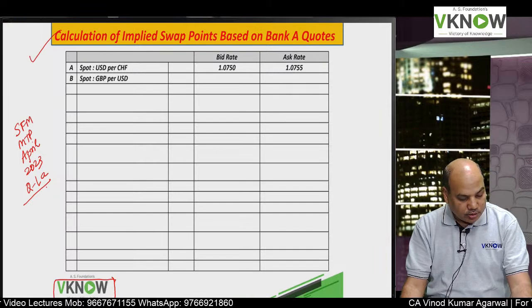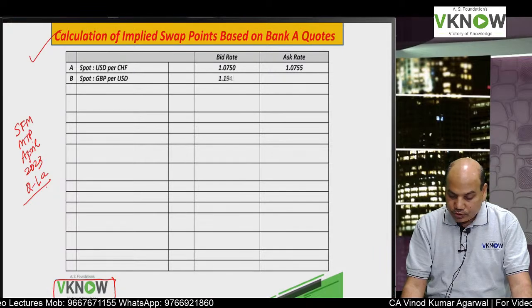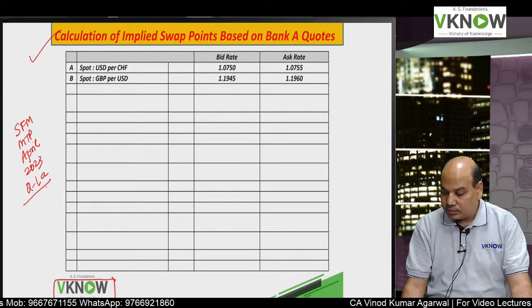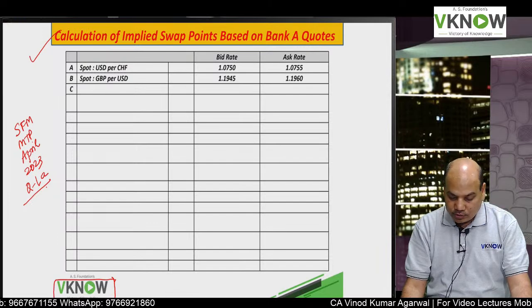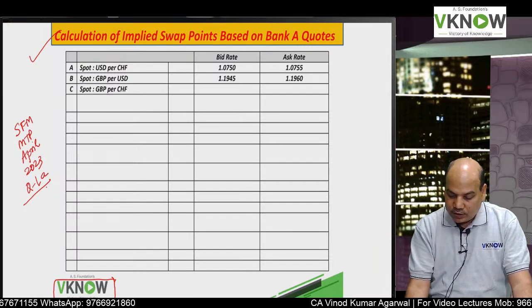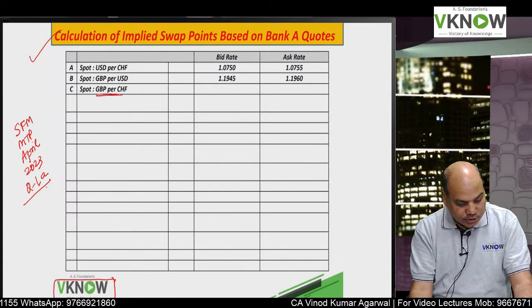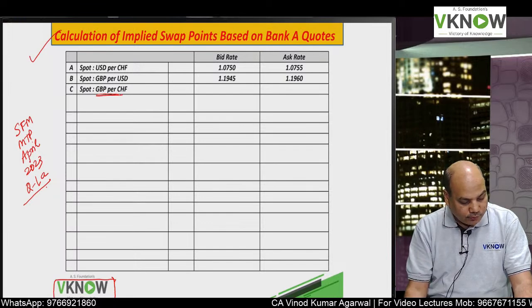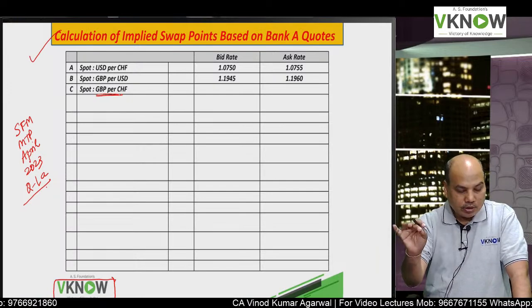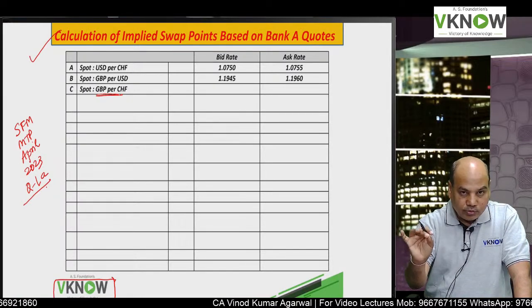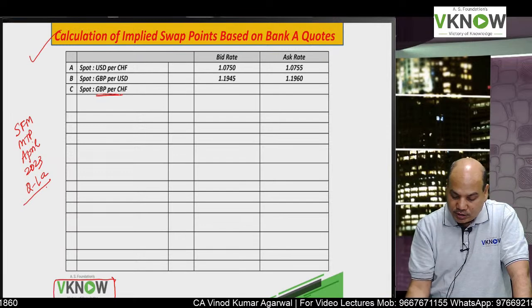Spot rate below in the question book, GBP per USD, 1.1945, 1.1960. Can I find out the spot as per the question? We have to find the rate GBP per CHF.